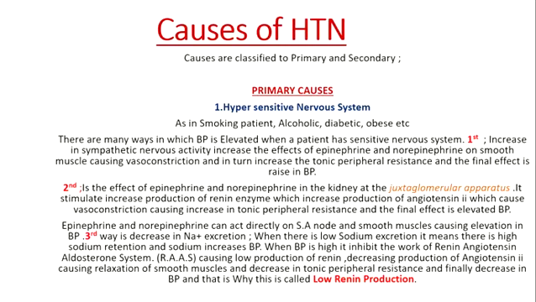And the renin enzyme stimulates production of angiotensin 2 in the kidney. And angiotensin 2 causes vasoconstriction. When it causes vasoconstriction, it causes an increase in peripheral resistance, and the end result will be elevated blood pressure. So it's as simple as that.